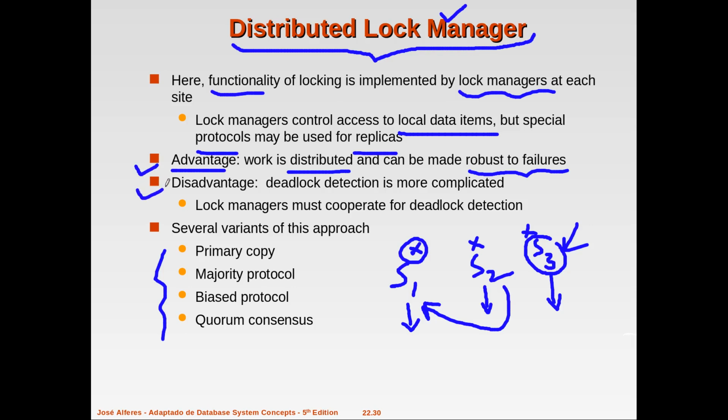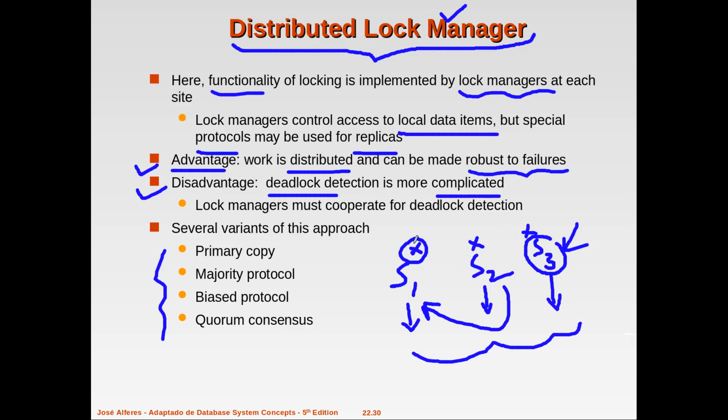But the disadvantage of using a distributed lock manager is that deadlock detection, which was mentioned in the previous case, is more complicated, because the deadlock deals with different data items and different sites. So in order to identify a particular deadlock, we need to refer to more than one site. We need to refer to all those sites that are participating in the various transactions.